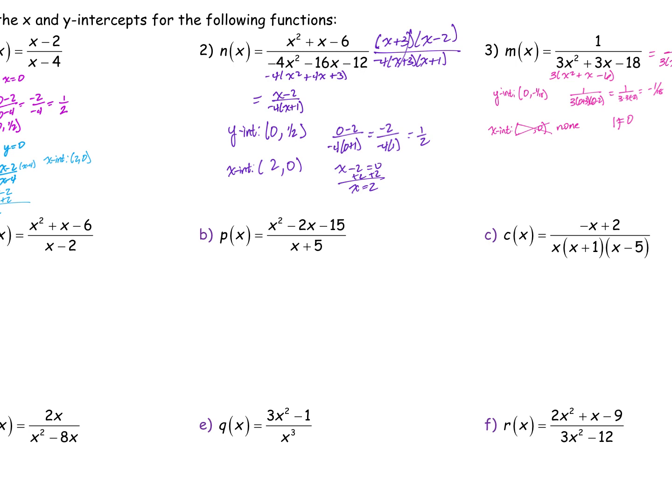X-intercept. Okay. 3x squared is 1 over x cubed. Equals 0, 3x cubed divided by 3.